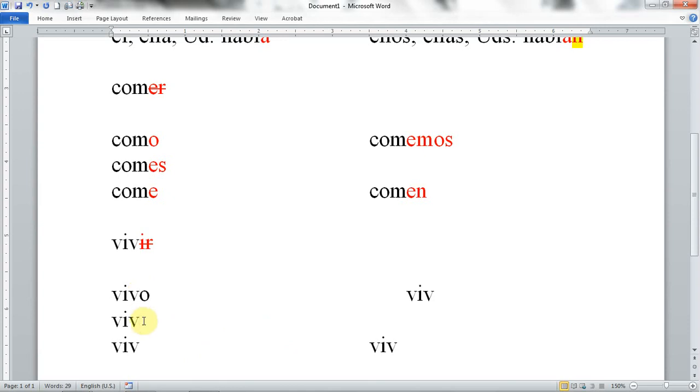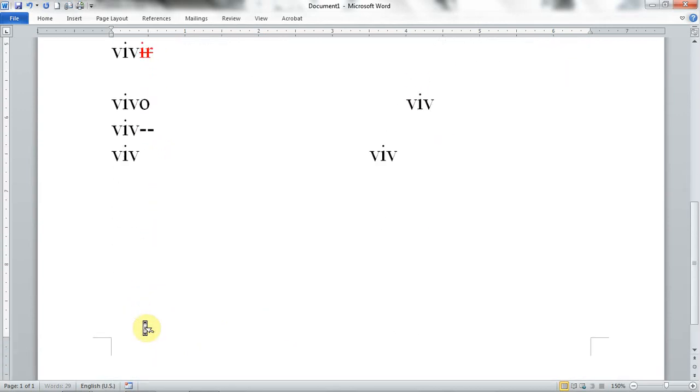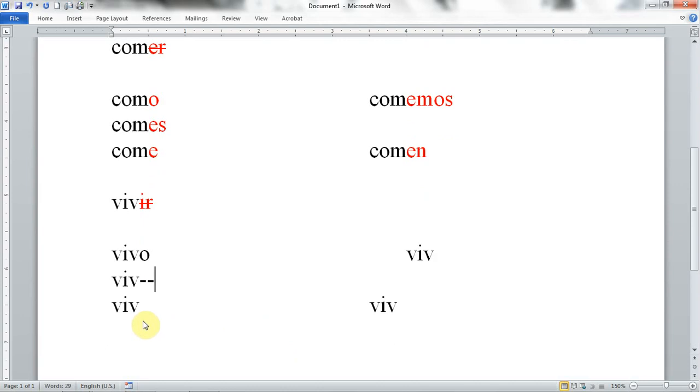Okay. Now here, let me do it like this. And you should already know that for tú, every form of tú in the present has S at the end. Okay. Every form of nosotros in any tense has mos at the end.